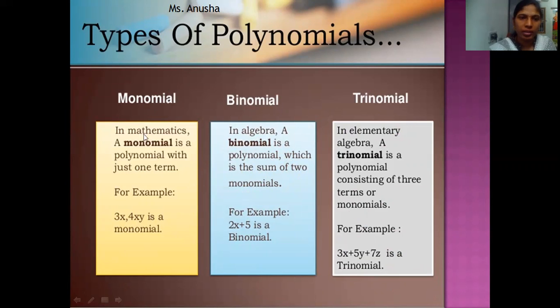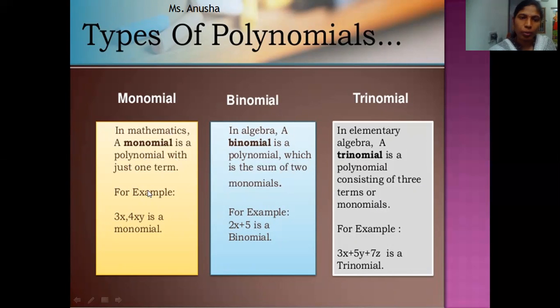Monomial is simple. It's a polynomial with just one term. A binomial is a polynomial consisting of only two terms, and a trinomial is a polynomial consisting of only three terms. A binomial is a sum of two monomials, and a trinomial consists of three monomials.